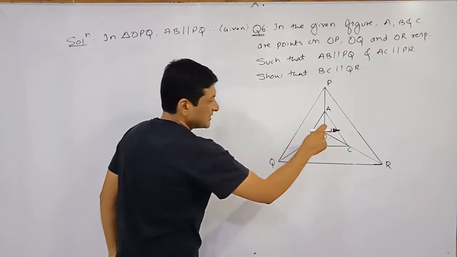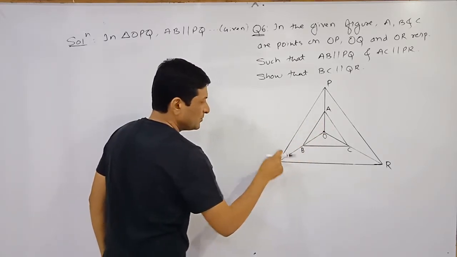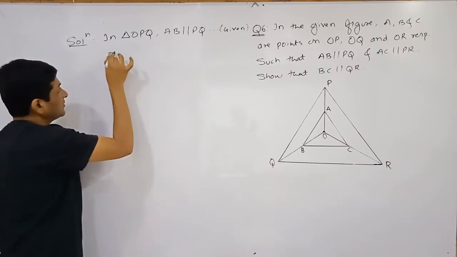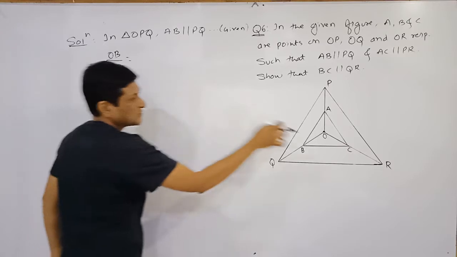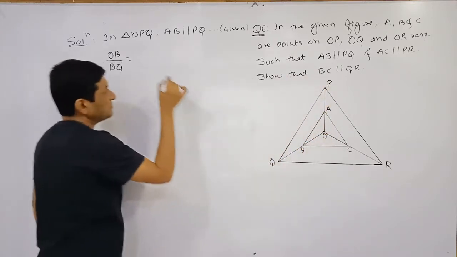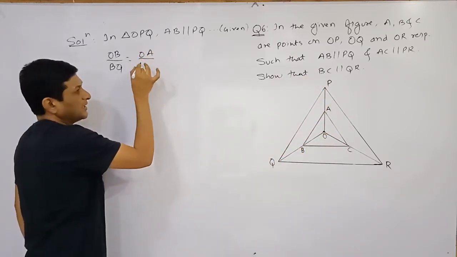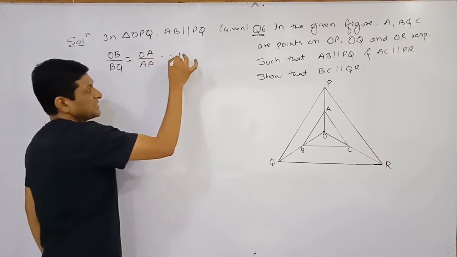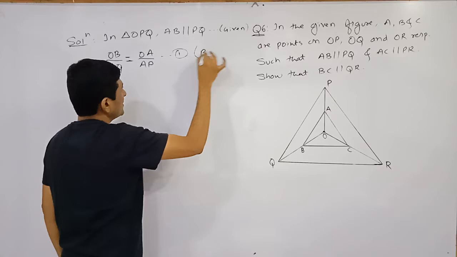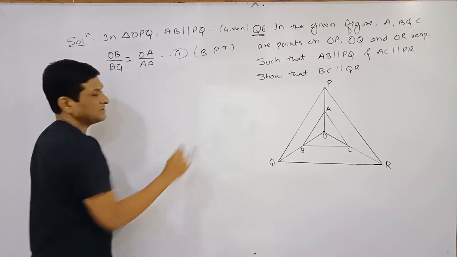So what will we get here? OB upon BQ will be equal to OA upon AP. Let us denote this result by equation number 1, which we have got by applying the basic proportionality theorem.